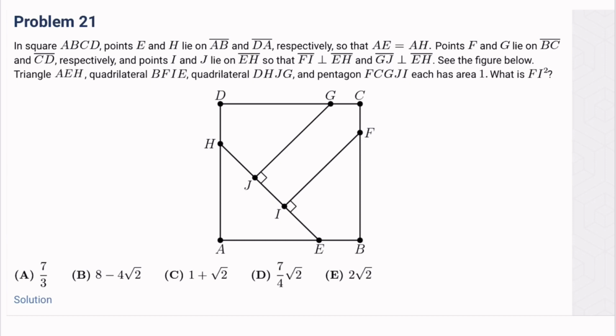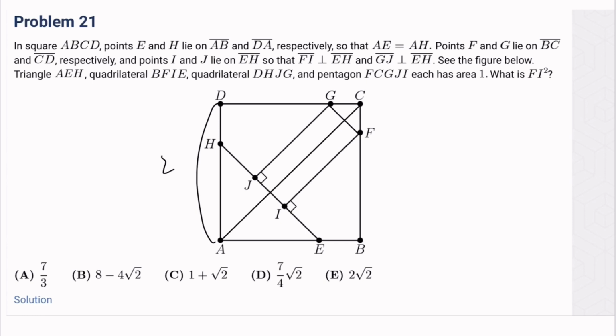So first thing we know is that this is 1, 1, 1, 1, and so the total area is going to be 4. That means this much is 2, and this much is 2. Next we can draw a line from A to C, like that, and a line from G to F, like that.